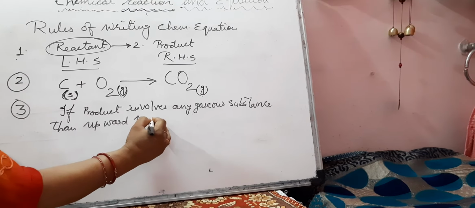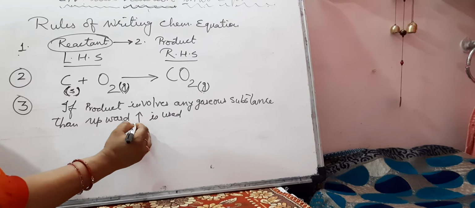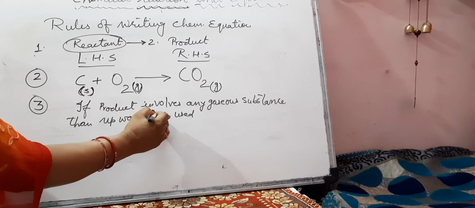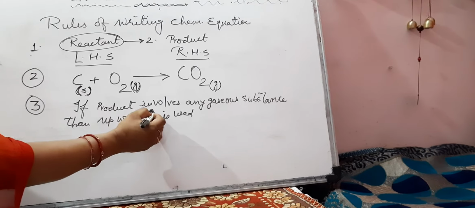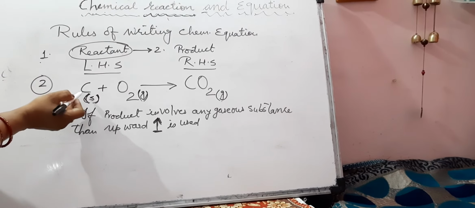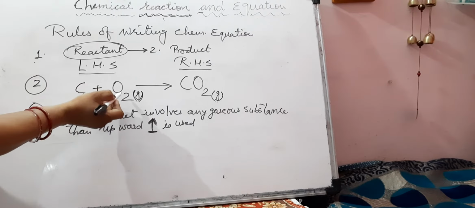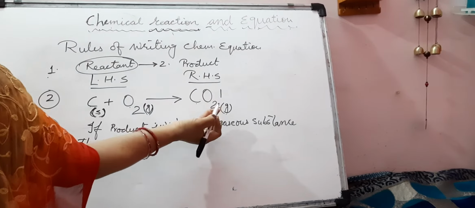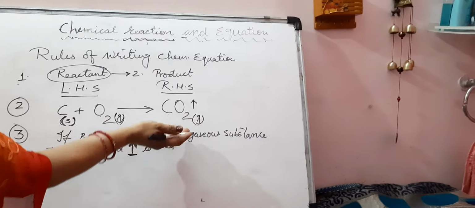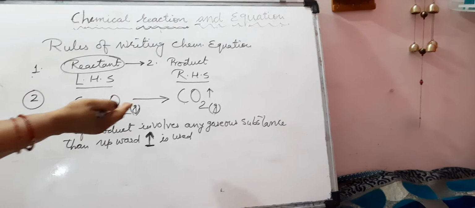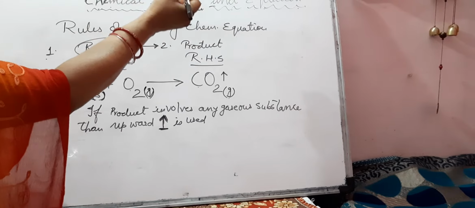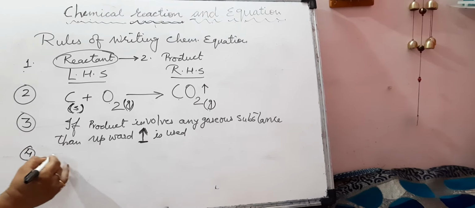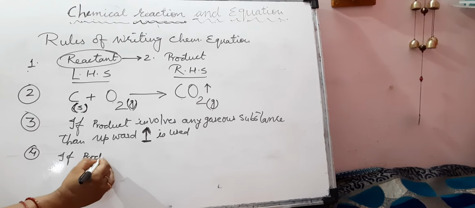What is this arrow representing? This arrow represents evolution. Like I am coming to the same equation that carbon when reacting with oxygen to give carbon dioxide. Since carbon dioxide is in product side and in the gaseous phase, that's why we are putting upward arrow that indicates that carbon dioxide will evolve out. Gases comes up always.